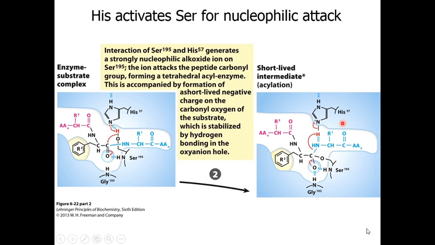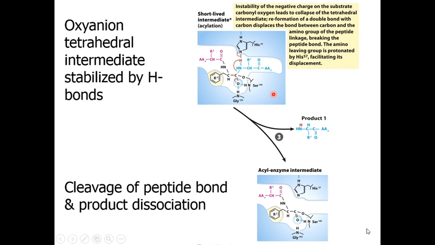This slide reiterates what I just said in the previous slide. The oxyanion on this carbonyl oxygen is stabilized by the backbone NH from glycine and serine. Now, because of the instability of this tetrahedral intermediate, it collapses.